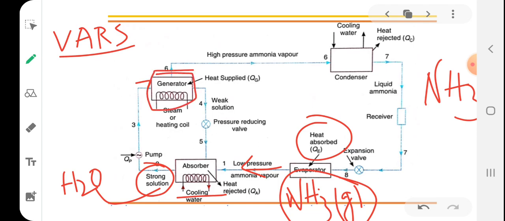So what is the process taking place in the generator? In the generator, we are adding some heat. When heat is added to the aqua ammonia solution, it gets separated into ammonia vapor and some weak solution of aqua ammonia, right?